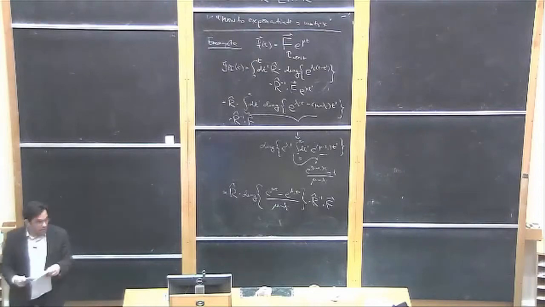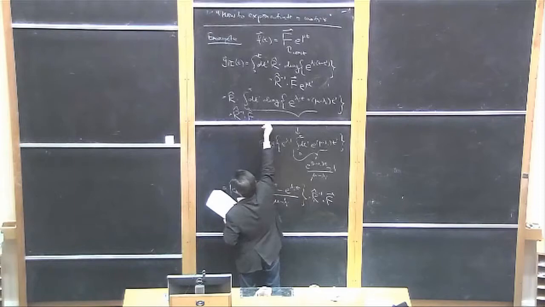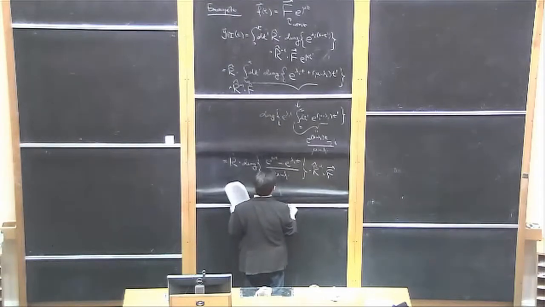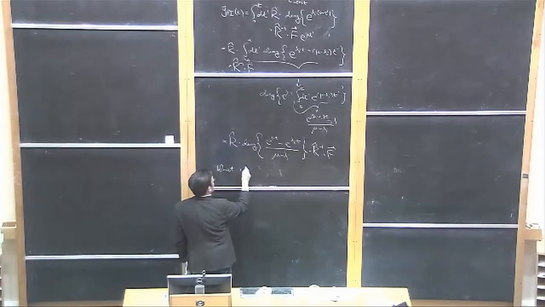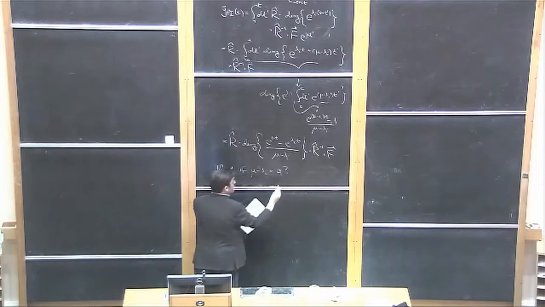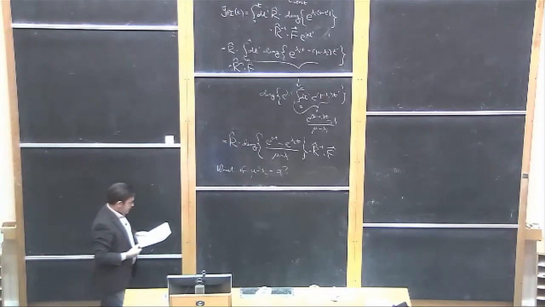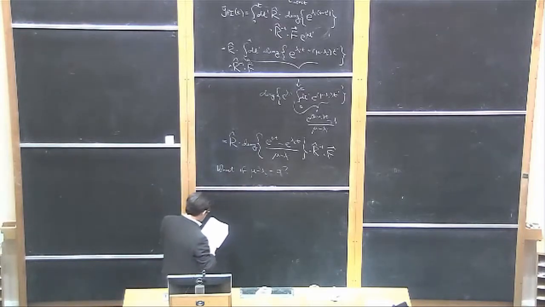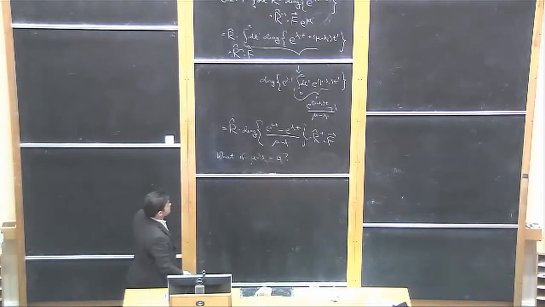And so there is nothing particularly special to things having to be done in n dimensions. You might worry, what if mu minus lambda I is 0? Well, there are two ways of doing this.